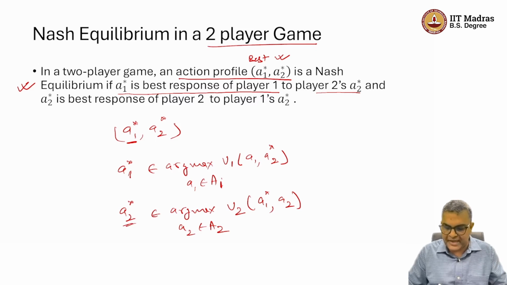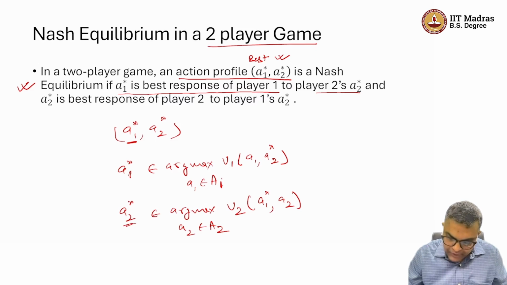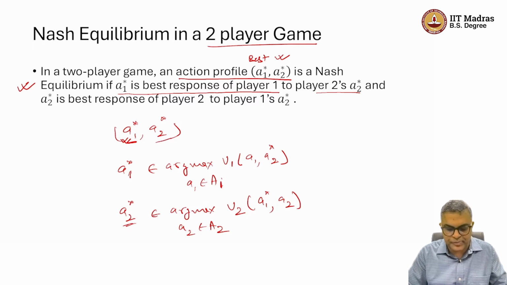This happens to be the maximum. So, we can say that a1 star maximizes player 1's payoff given that player 2 is playing a2 star, or a1 star is the best response to a2 star. Both ways it can be read.